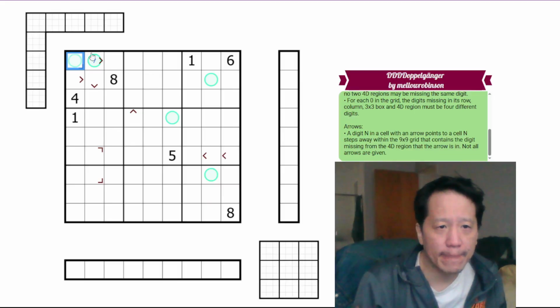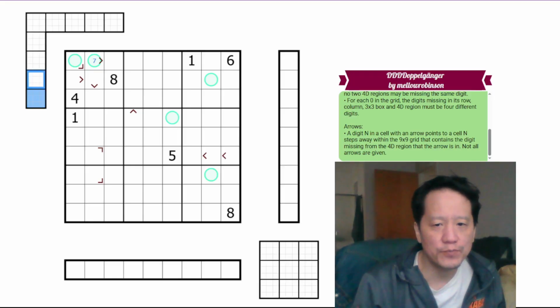What about these two? Let's color these. We'll go around: blue, yellow, red, green, light green, medium green, dark green, orange, and pink.